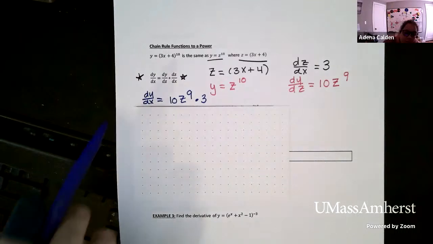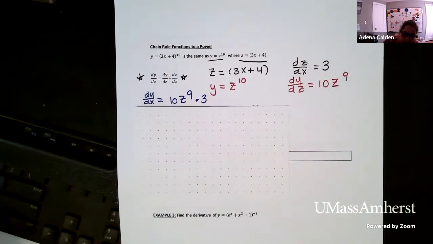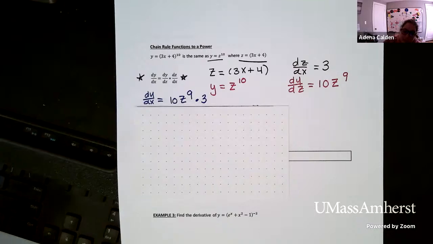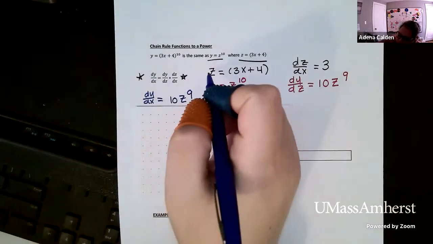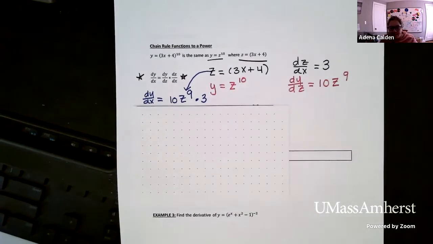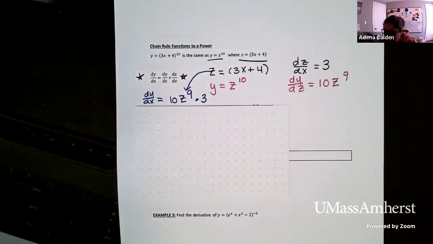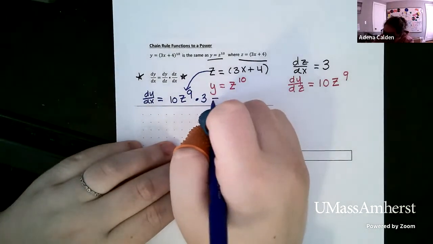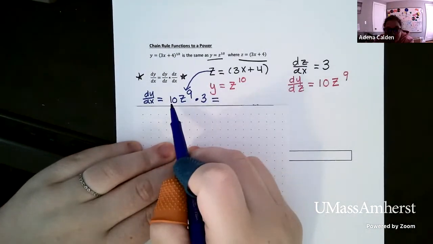We were looking for the derivative of y with respect to x, and our answer has a z in it. So we found the derivative, but it's not quite done because we have one more step of simplification. We need to plug back in what z represented, so our final answer is in terms of x. We can multiply the 3 and the 10.